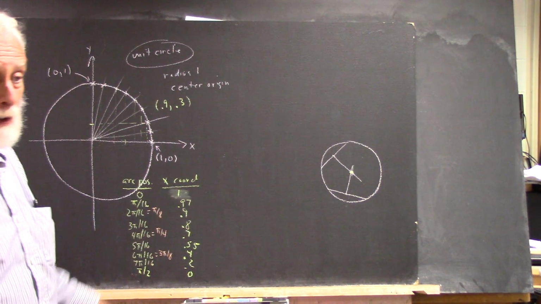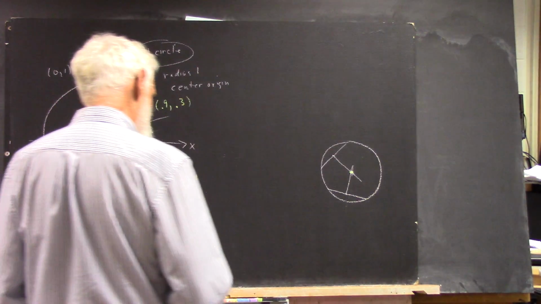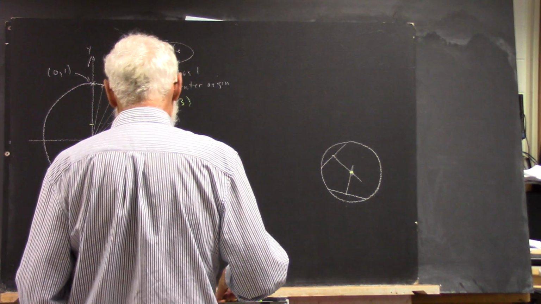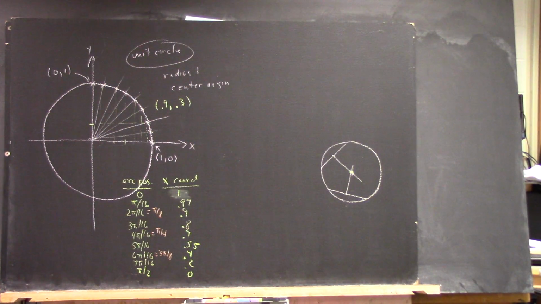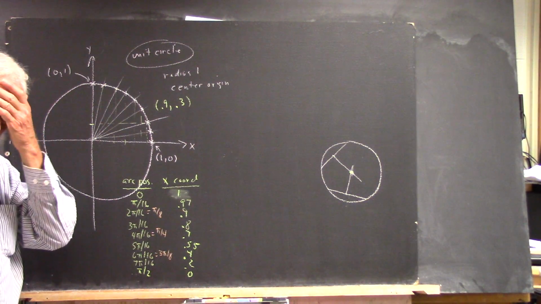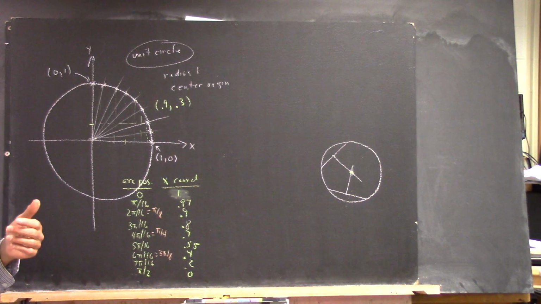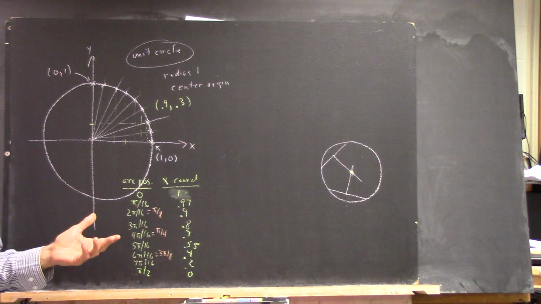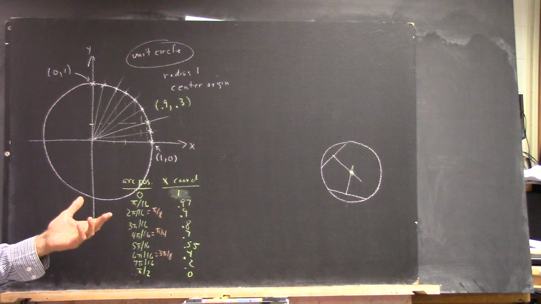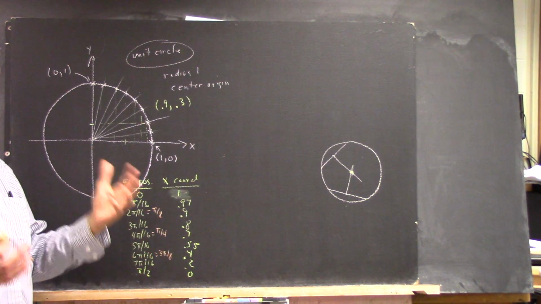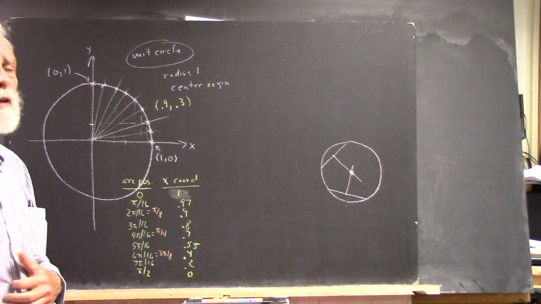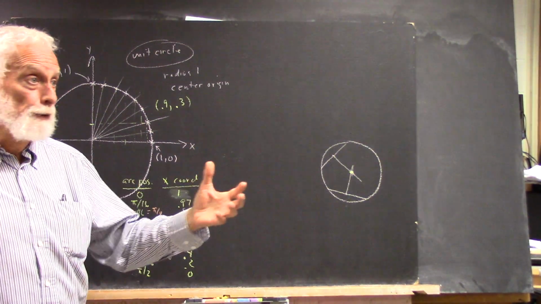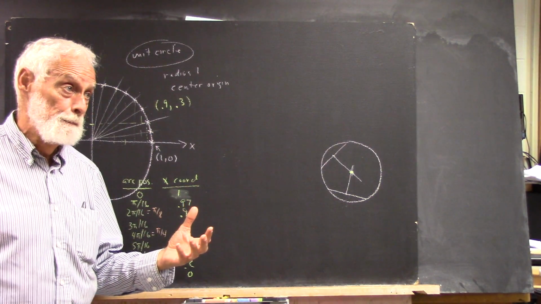Okay, so now we can sketch a graph. And okay, you're used to measuring angles in degrees, but degrees are a totally unnatural unit for angle. Now they're convenient, and 360 is chosen, I think, largely because there are lots of numbers that divide 360 evenly.